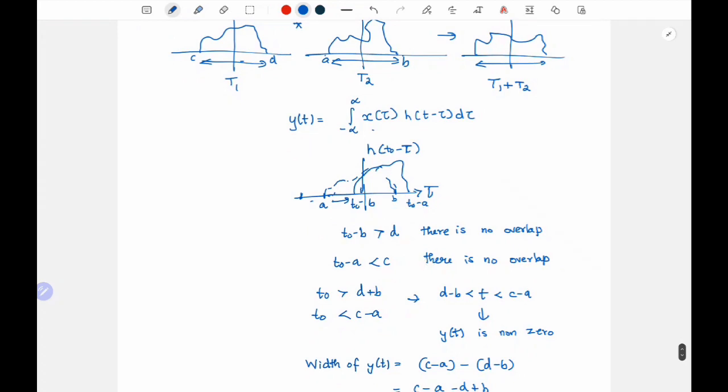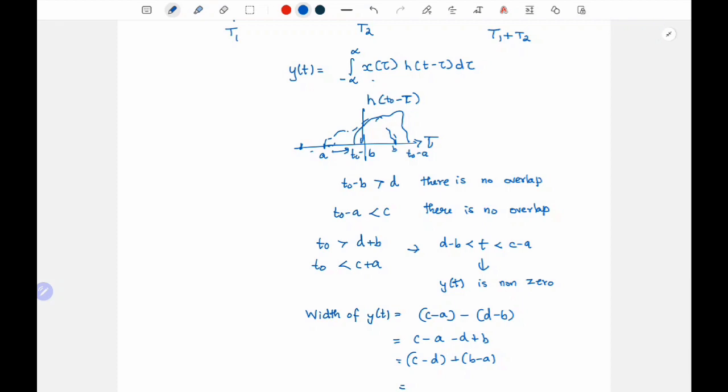So it is d plus b and t naught less than c plus a. And this should actually be the opposite, right? Where there is overlap, it is actually t naught less than d plus b and t naught greater than c plus a.